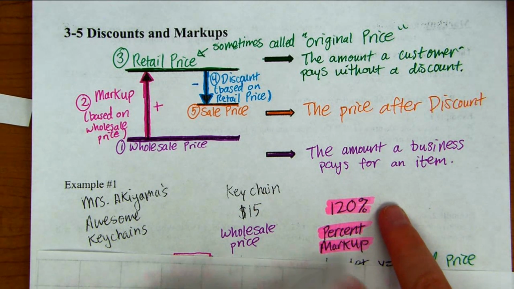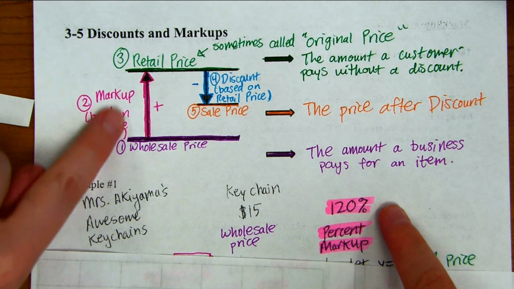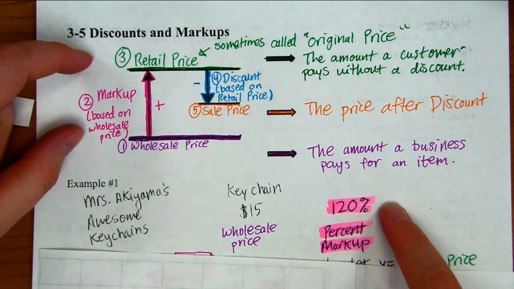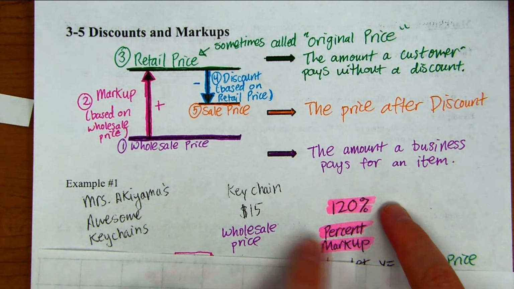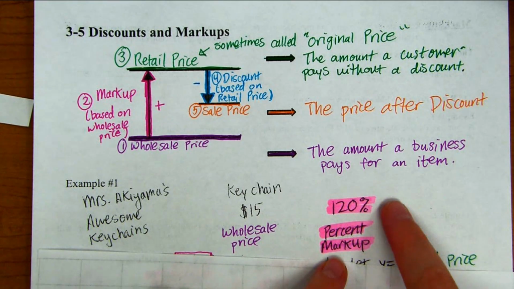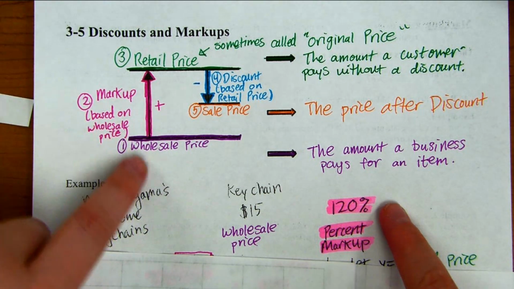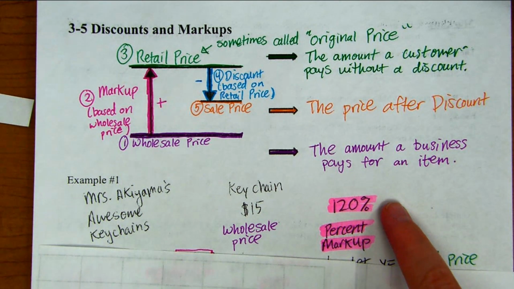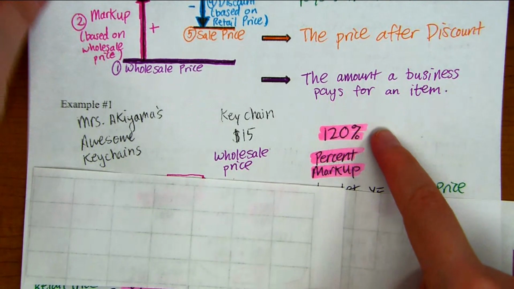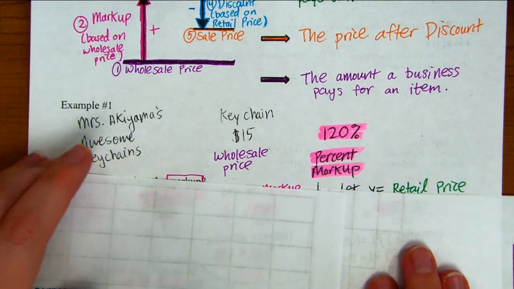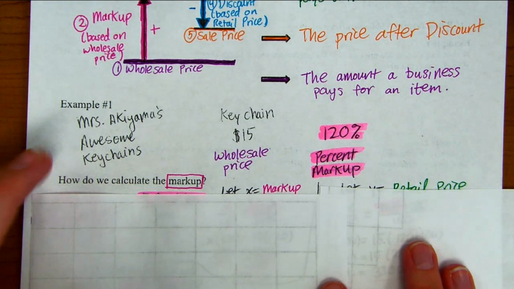So what we want to figure out is how many actual dollars will be added to the price of the keychain if it's marked up by 120%. Now, we can take the ideas of the part, the whole, the percent, and 100, and we're just going to use these different vocabulary words instead. The first thing we can calculate is the markup.